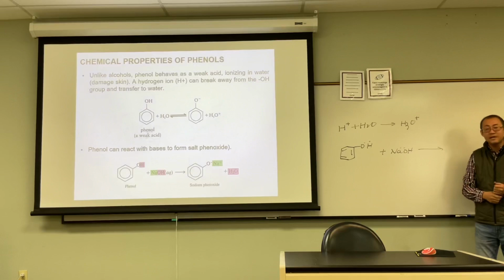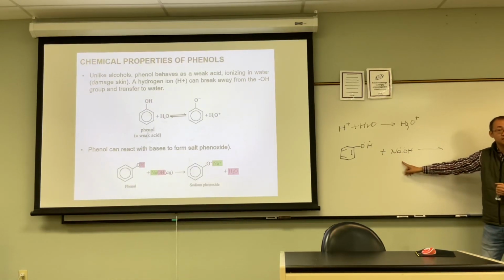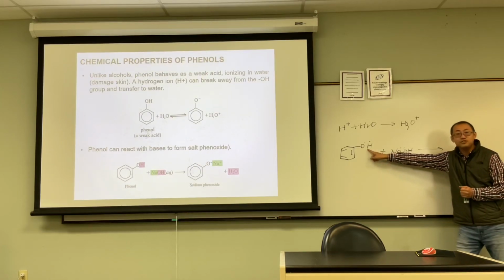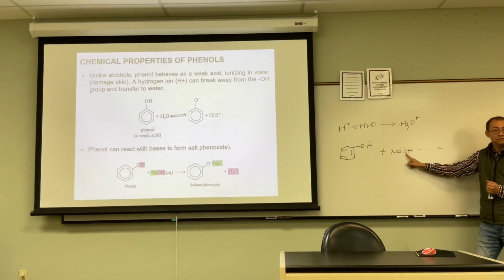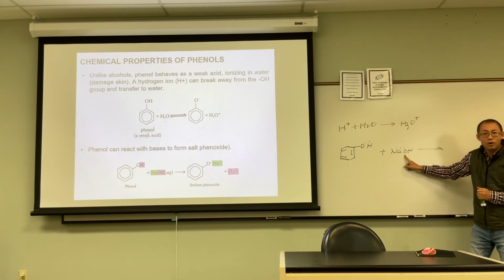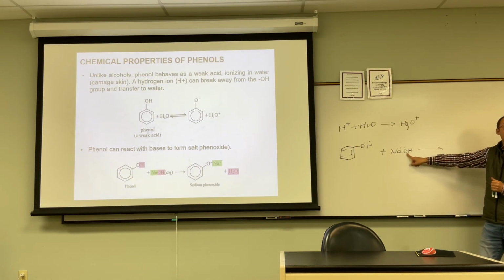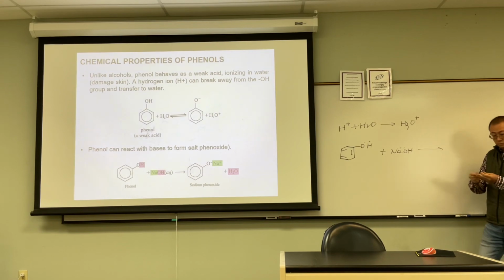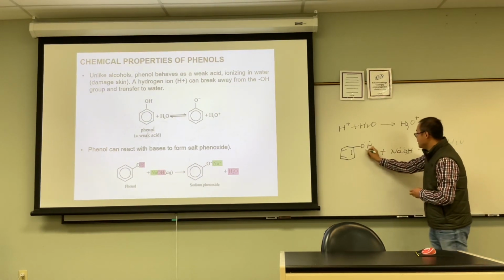So between the acid and the base reacting together, the hydrogen plus and the OH negative react to give salt and water. H plus and OH negative give you H2O. H2O is the product between these two.